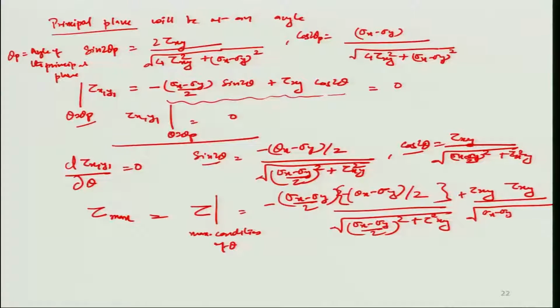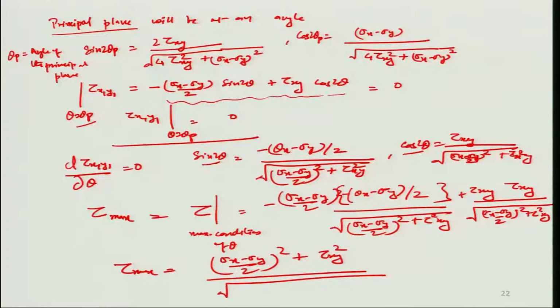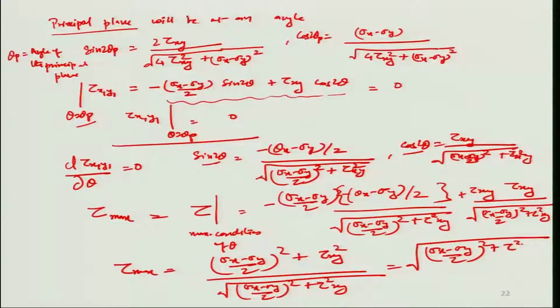So we can find the tau max, or the maximum shear stress, to be equal to sigma x minus sigma y by 2 whole square plus tau xy square divided by root over sigma x minus sigma y by 2 square plus tau xy square, which is again under root of sigma x minus sigma y by 2 square plus tau xy square.